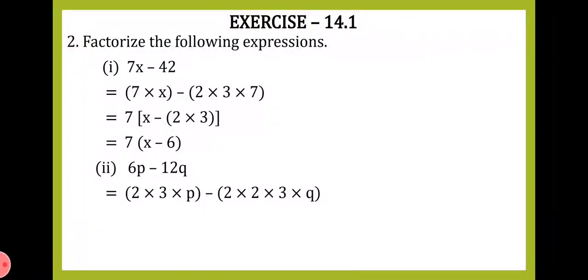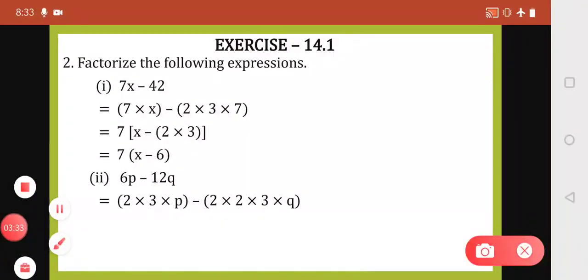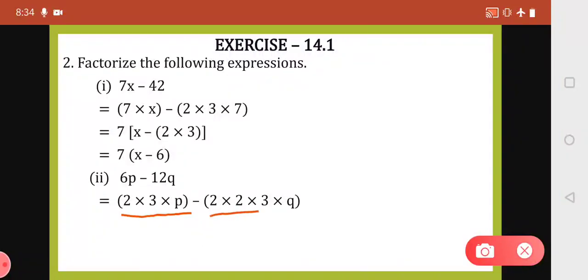The factors of 6p are 2 into 3 into p, because 6 is 2 multiplied by 3 and p as it is. Similarly, the factors of 12q: we know 4 3s are 12, and the factors of 4 are 2 into 2. So we write 2 into 2 into 3 into q, that is 2 2s are 4, 4 3s are 12, multiplied by q, that is 12q.